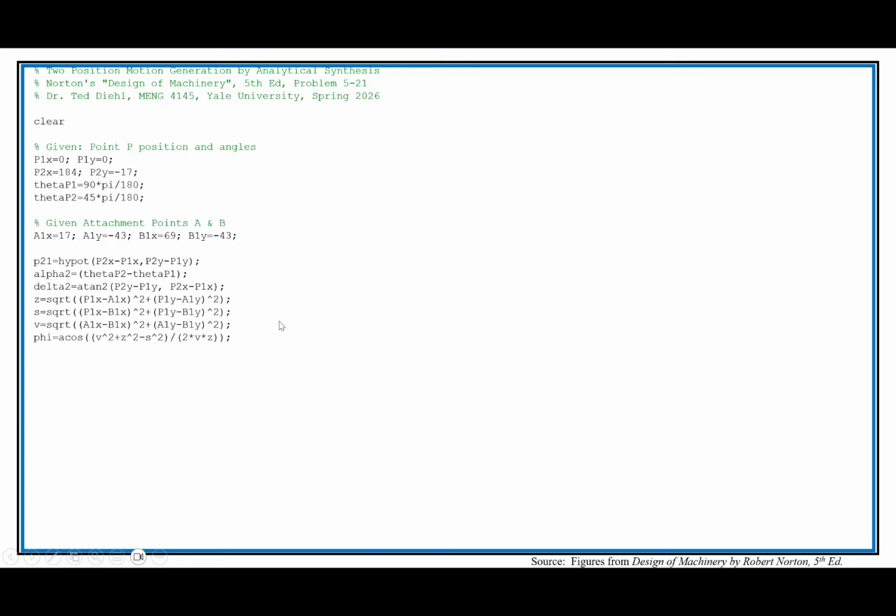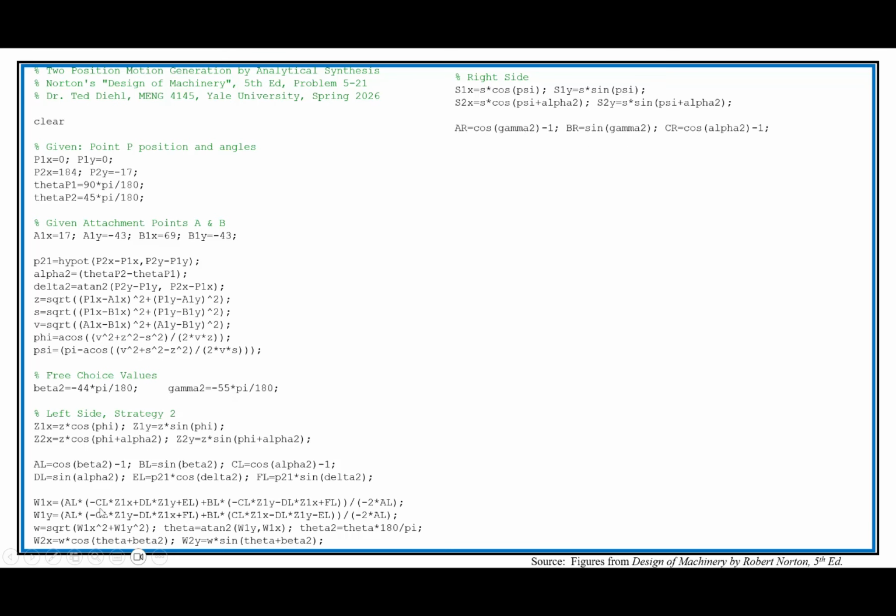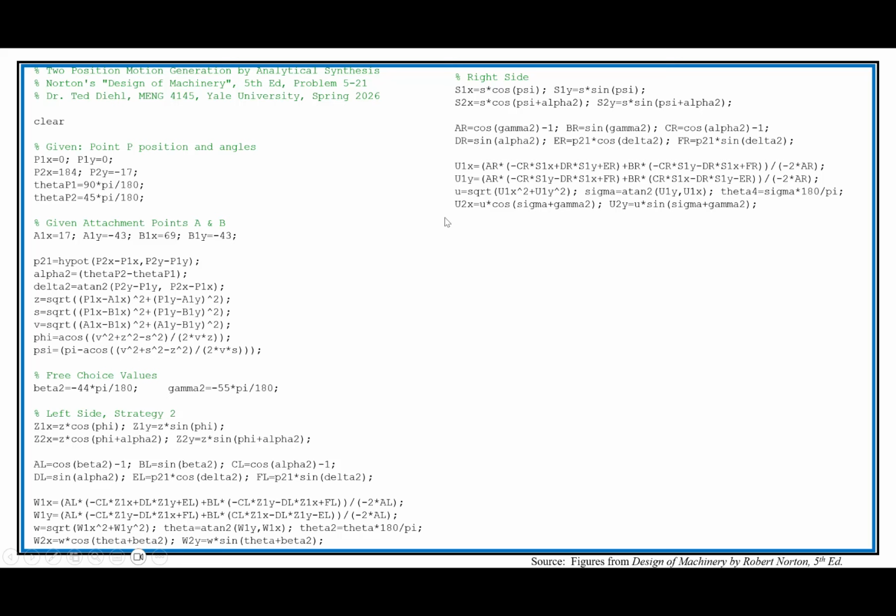So we're able to get all of these vectors, Z, S, and V. We have the length and the angles of all of them. The free choices are that 44 and 55, and they're going clockwise, so they're both negative. So we could use our strategy to get the W's, and use our strategy to get the U's, and now we're done.